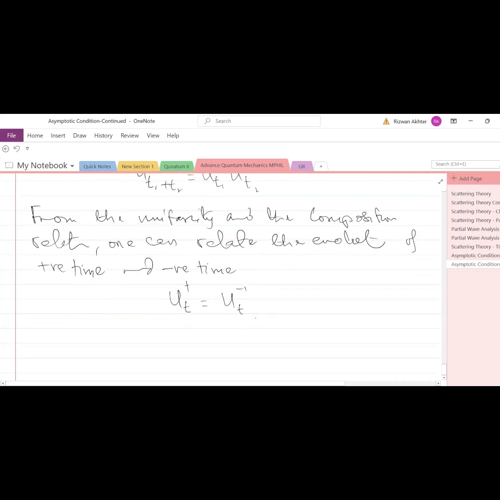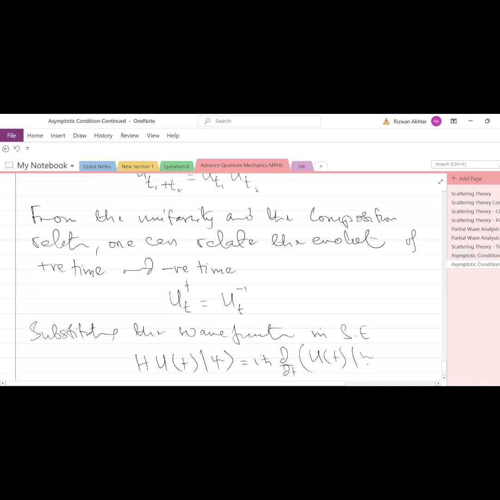So if you substitute the wave function in the Schrödinger equation, you would have H U of t psi equals iota h bar d by dt of U of t psi.